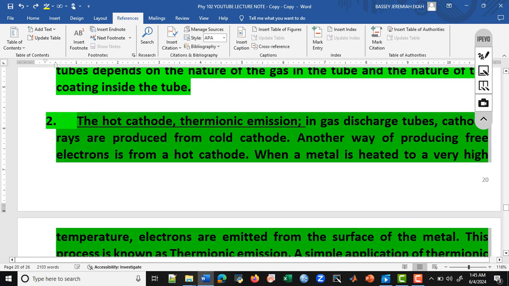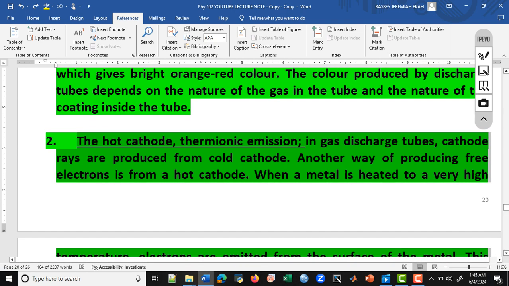The hot cathode, thermionic emission. In gas discharge tubes, cathode rays are produced from a cold cathode. Another way of producing free electrons is from a hot cathode.